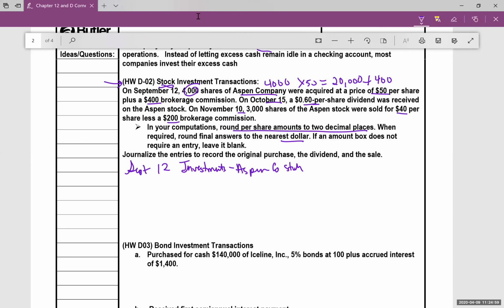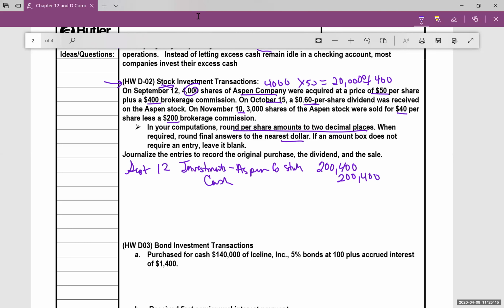Okay, that should have been a 200,000. Bear with me here. So the investments, Aspen Company stock, that number is 200,400. Okay, and then what did they do? They had to pay cash to get that.